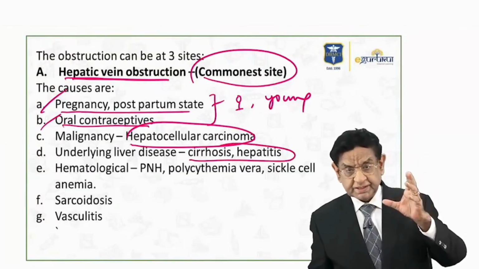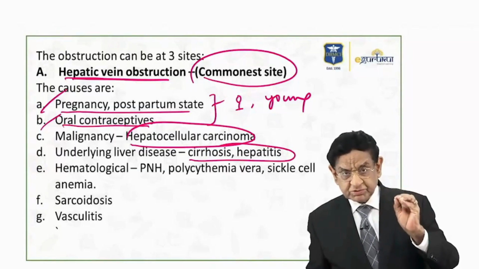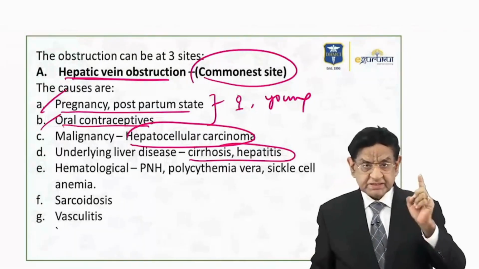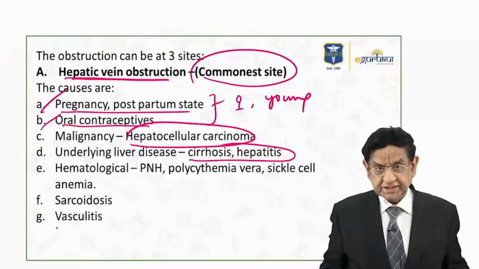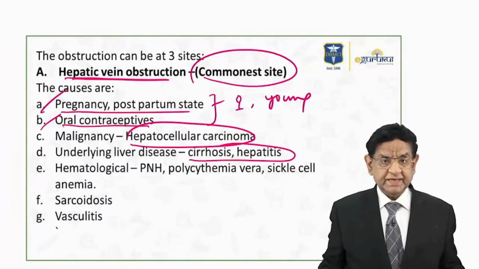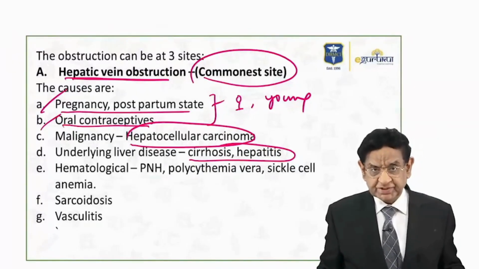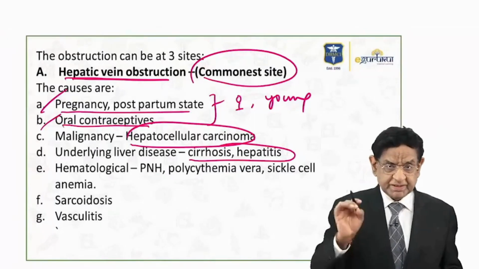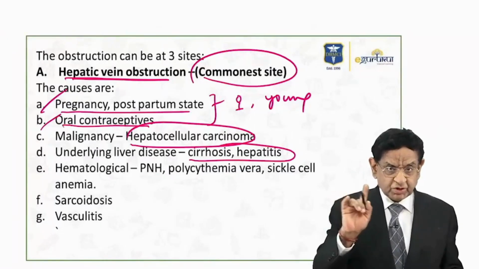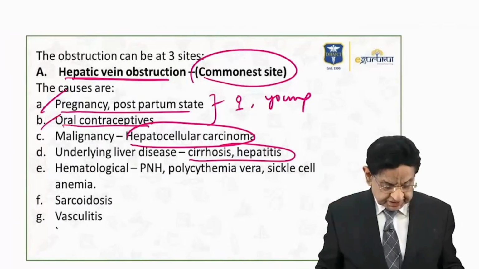Point to be noted, cirrhosis of liver as such does not lead to Budd-Chiari syndrome, but later on they can lead to malignancy, etc., which can lead to invasion of the hepatic vein. But deliberately, cirrhosis is not a part of Budd-Chiari syndrome.